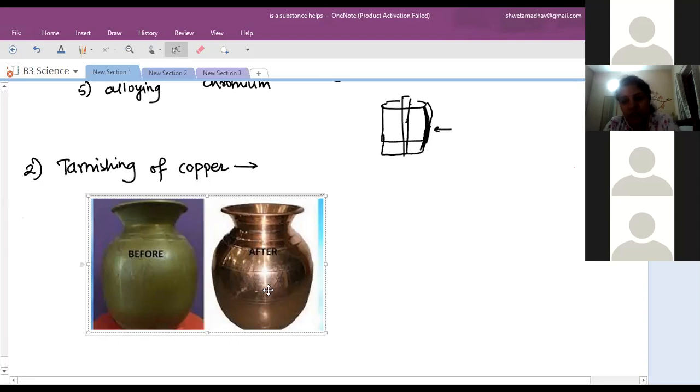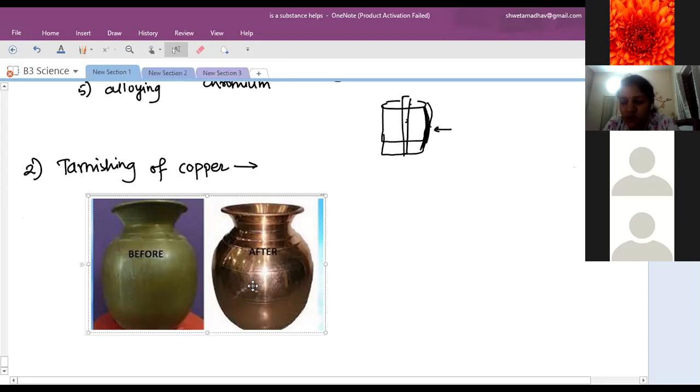Over the years, after a month, if we leave it as it is without cleaning, it turns into this color. You can see the greenish coating. That greenish coat is formed because of the reaction with atmospheric carbon dioxide. The copper gets converted to copper carbonate and copper hydroxide.